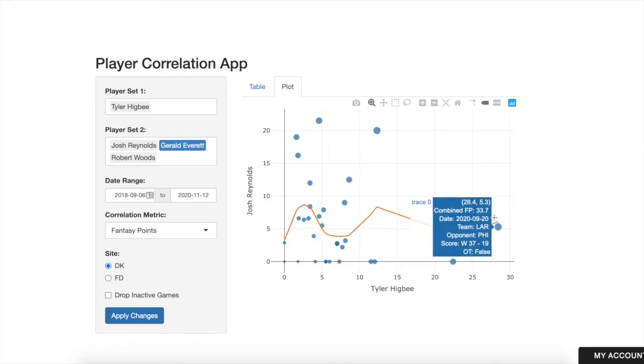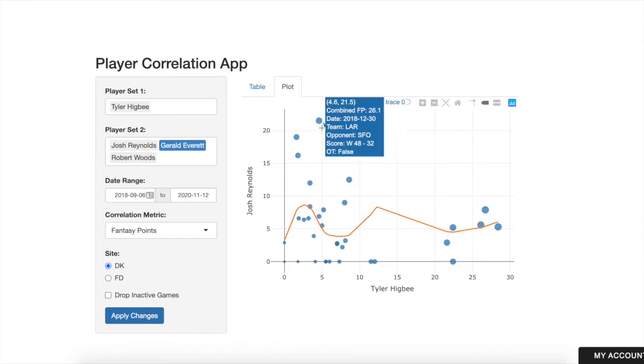Even though Reynolds was active, clearly putting up points, Higbee had great performances, and kind of vice versa. Games in which Higbee had really low scores, we see this small set of points out here, where some of Reynolds' best games came in games in which Higbee had a minimal role.